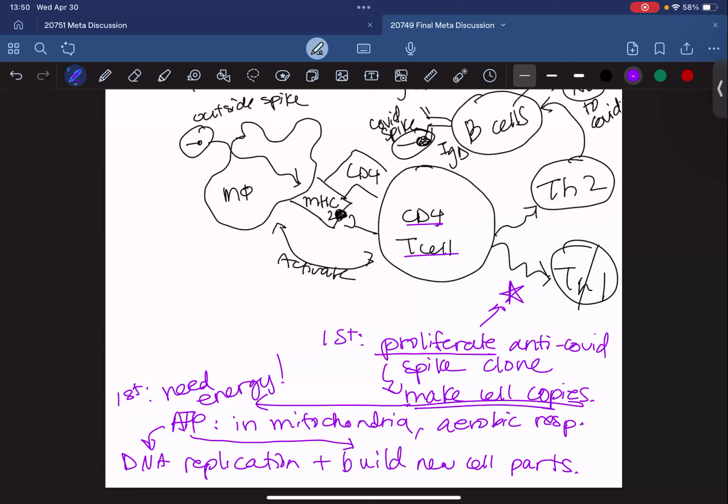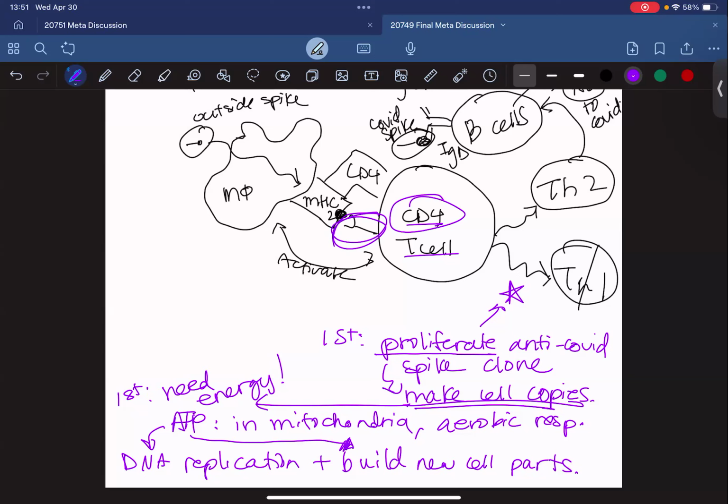So we'll need ATP for that too. Because we're building new parts, some of those parts are going to be lipids, some of those parts will be carbohydrates. That'll all be made in the smooth endoplasmic reticulum. And any of the proteins that we're putting on the surface of our cell, if we're duplicating our CD4 positive T cell, one of the proteins we already need to make is going to be CD4 itself, as well as our T cell receptor on our T helper cells that we are proliferating.